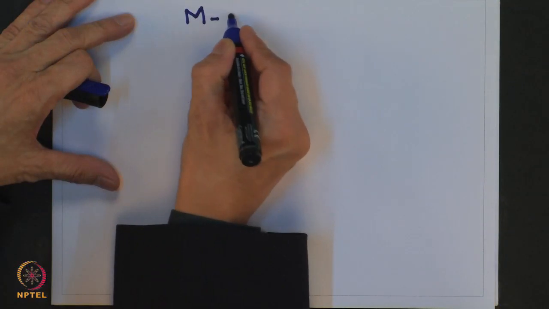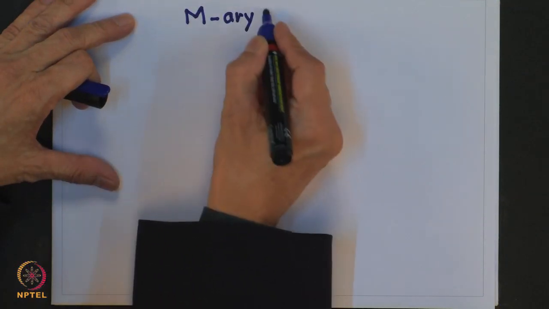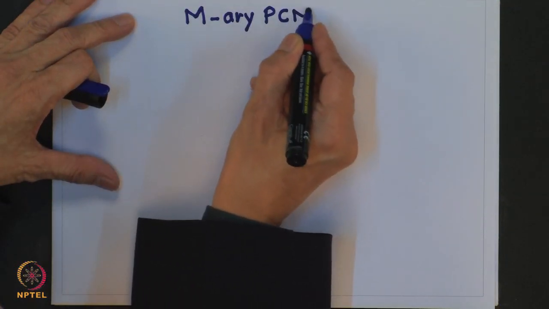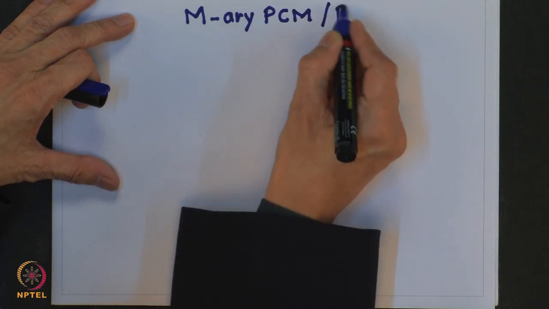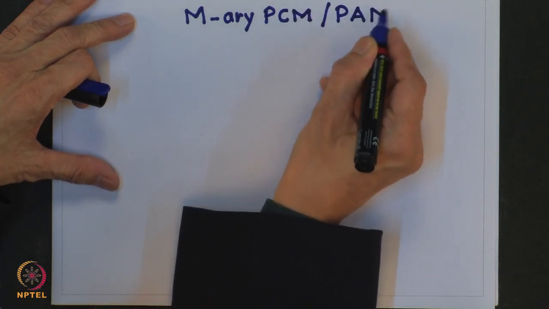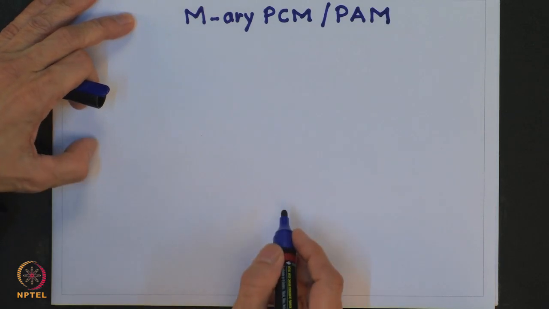Whereas in M-ary PCM, M symbols are transmitted by M pulses of the form plus minus k p(t). So, we will study today what is known as M-ary PCM, or M-ary pulse amplitude modulation, M-ary PAM.